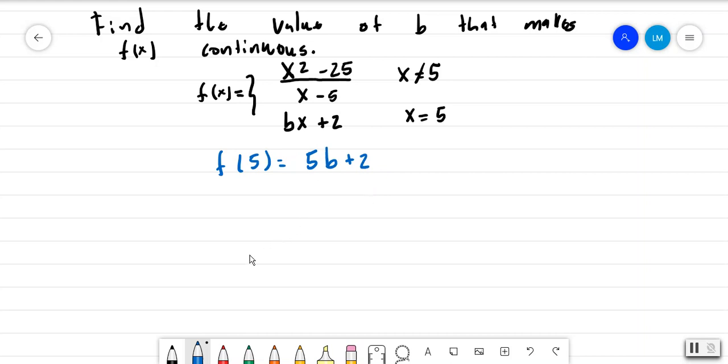Okay, so that means that we can furthermore check the limit as x approaches 5 of x squared minus 25 divided by x minus 5.